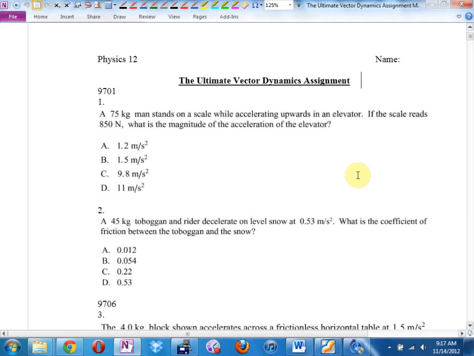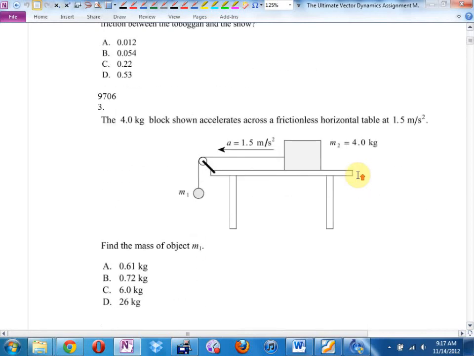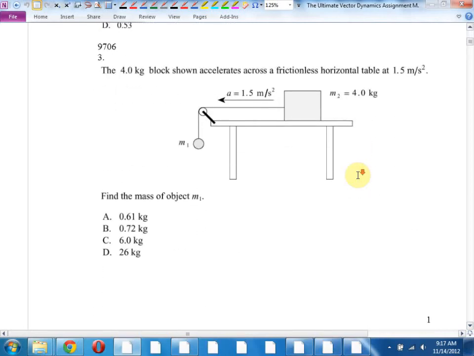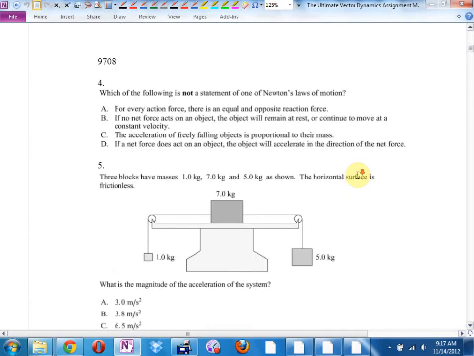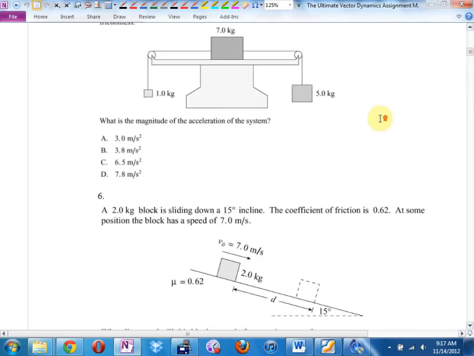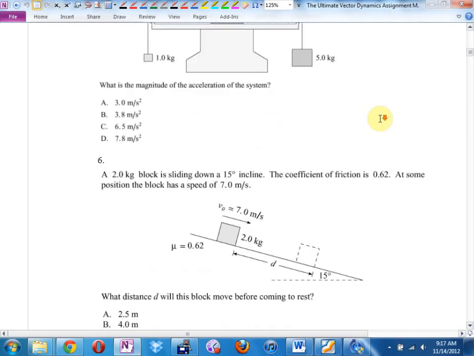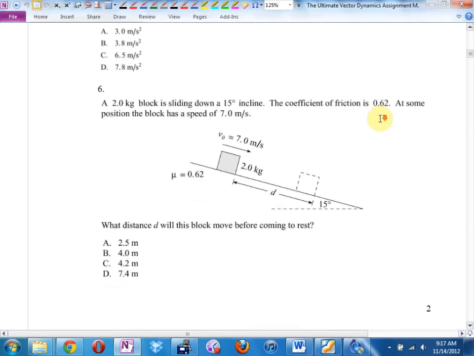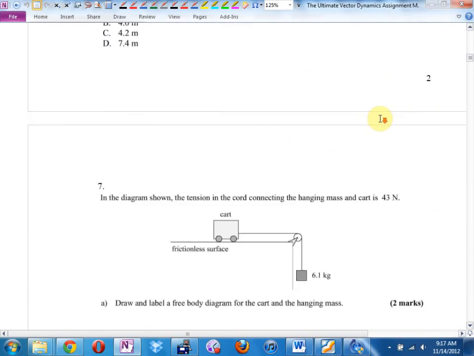I like number 3. Number 6 is a nice question. I like number 6.